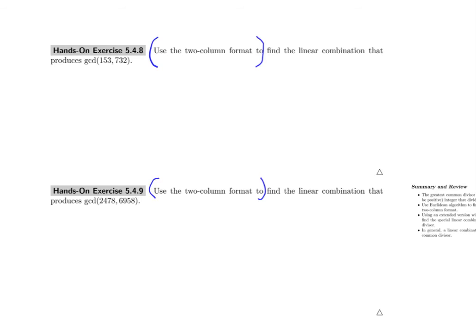What you have to do, regardless of which valid method you use, is find the linear combination that produces the greatest common divisor of 153 and 732. And then as additional practice, find the linear combination that produces the GCD of 2,478 and 6,958. So go ahead, pause the video, try those. I won't be working them out in this video, but you're welcome to ask about them in class.